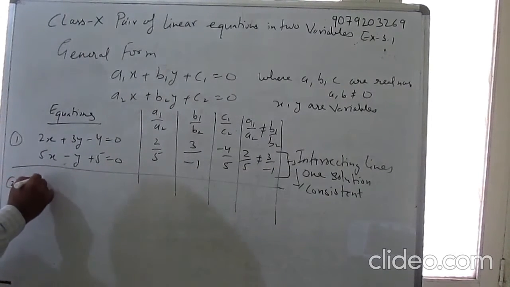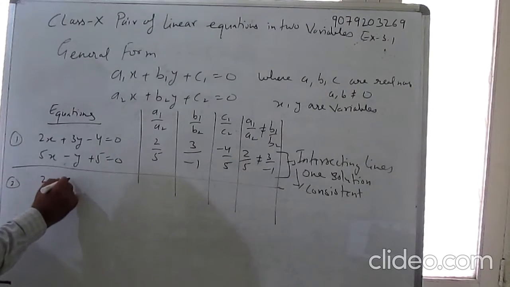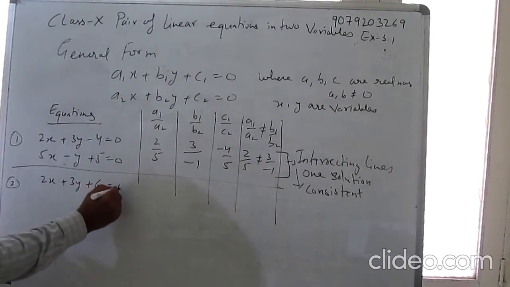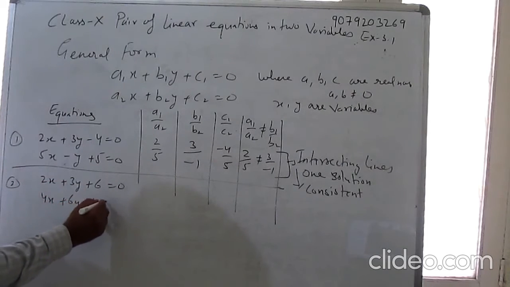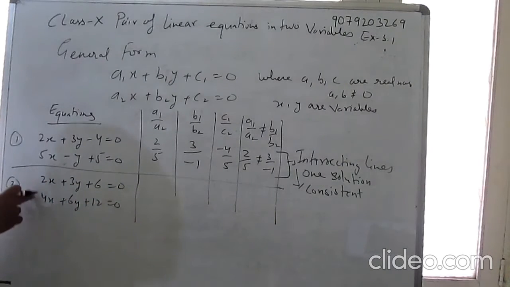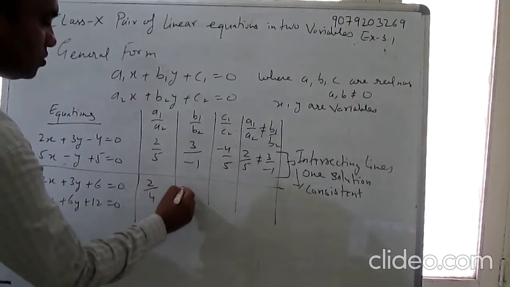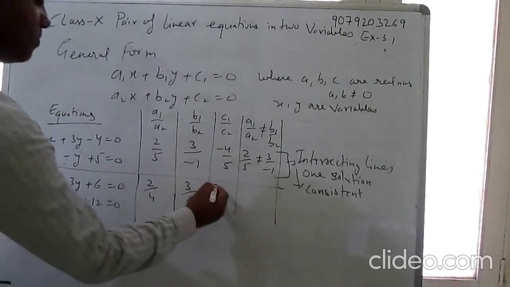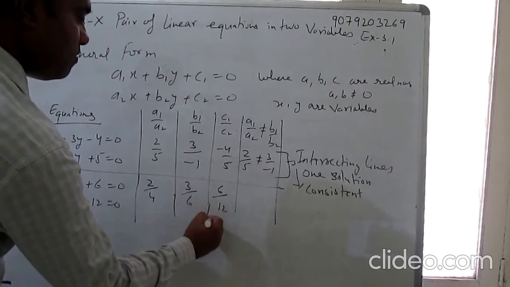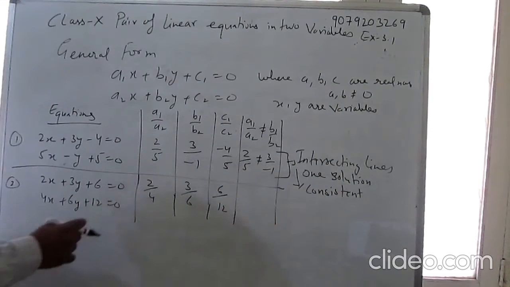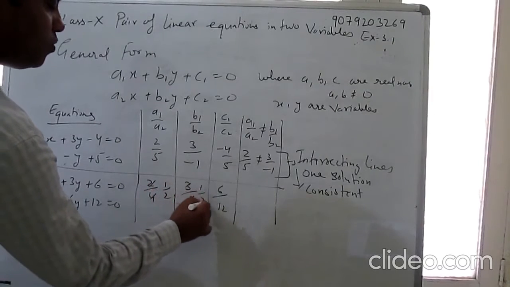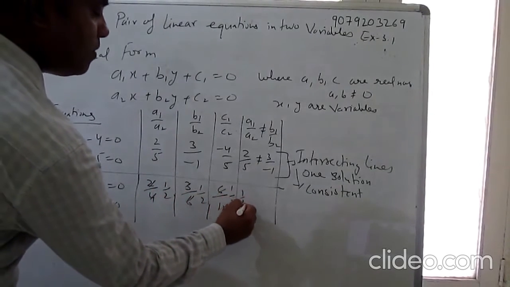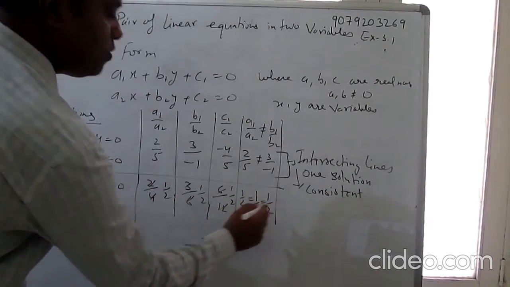suppose I take 2x + 3y + 6 = 0 and 4x + 6y + 12 = 0. Here you see a1 upon a2 is 2 upon 4, 3 upon 6, 6 upon 12. All the ratios are 1 by 2.